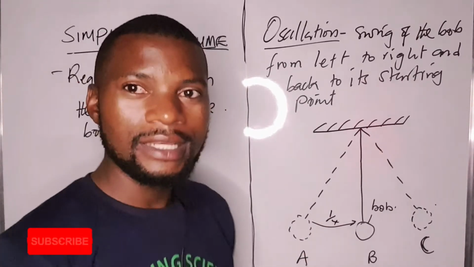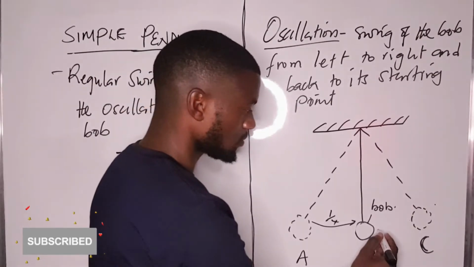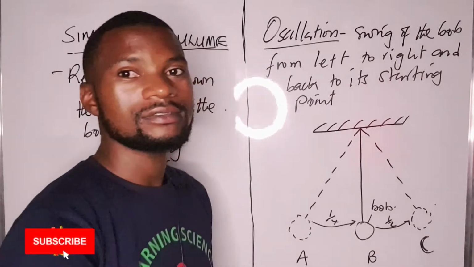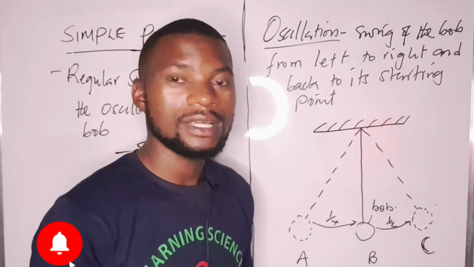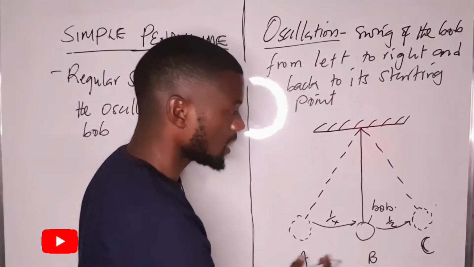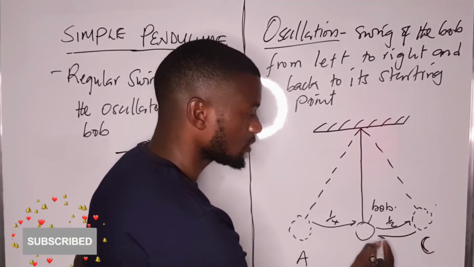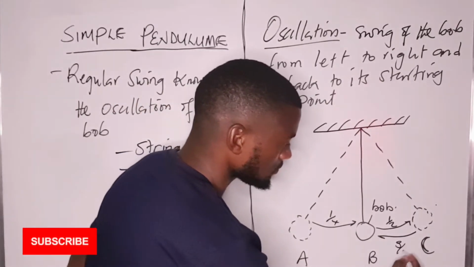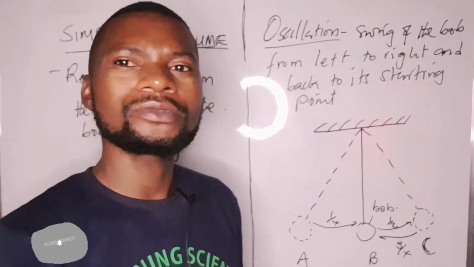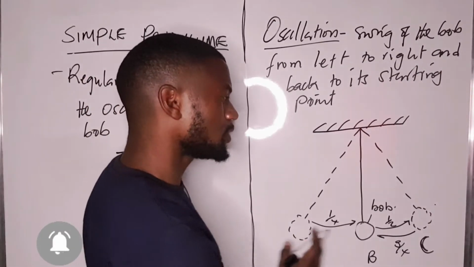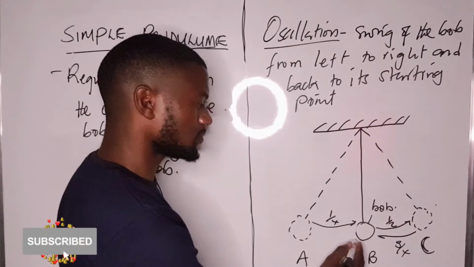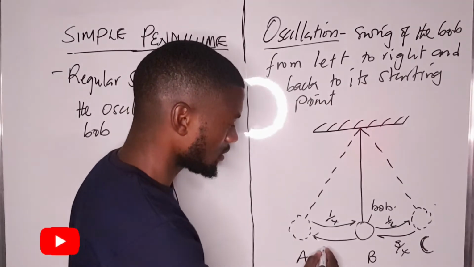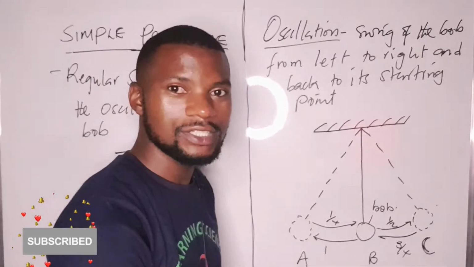When the bulb moves from A to C, it moves half an oscillation, which is the second quarter. When it moves from A to C and back to B, it has moved 3/4. When it moves from A to C and back to A, it means it has moved one complete oscillation.